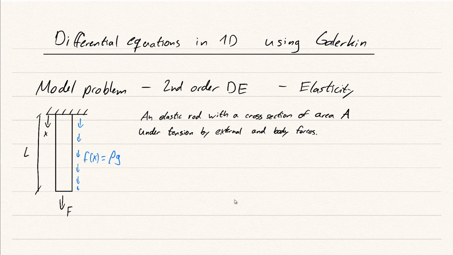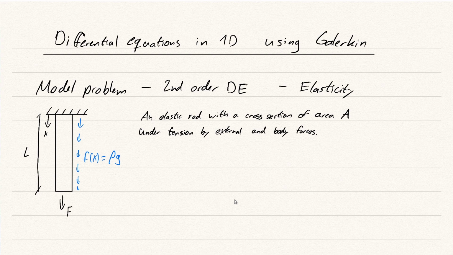If you look at this, there is a rod that is clamped to the ceiling, so that this load here, which is per unit length, makes sense. This is your typical weight force, right? So you have f of x, which is the density times the gravitational acceleration. And if you integrate this, you will of course get the total weight, the mass times the gravitational acceleration, which is usually what we call the weight force.